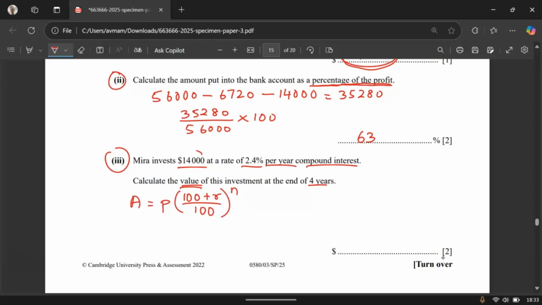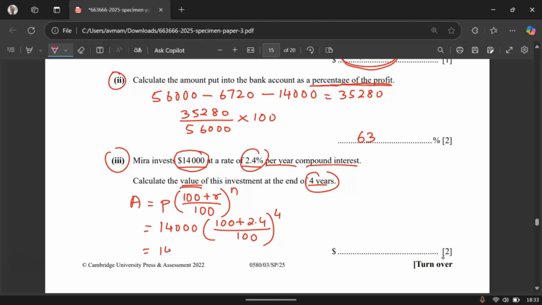Principal is the amount of investment. This is the rate of interest, and n stands for the number of years. So 14,000 times 100 plus 2.4 over 100 to the power of 4.